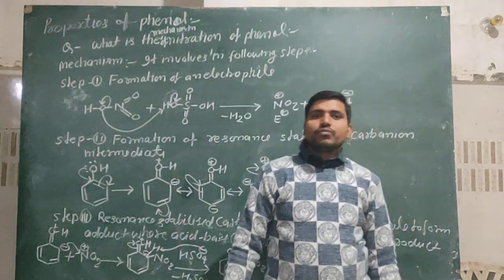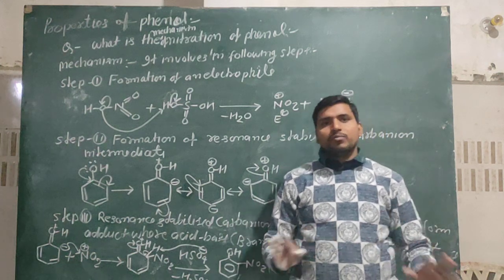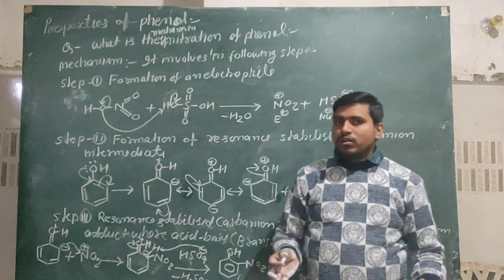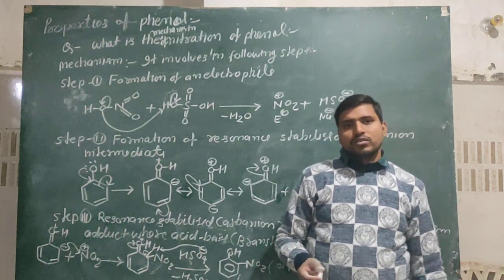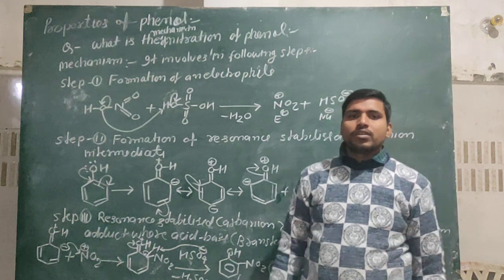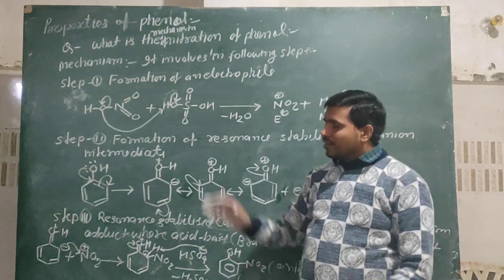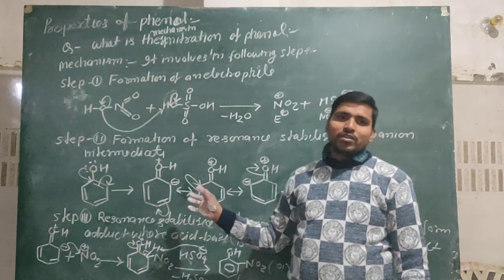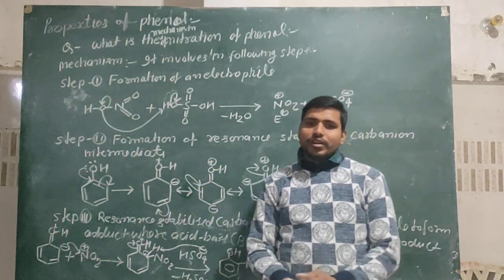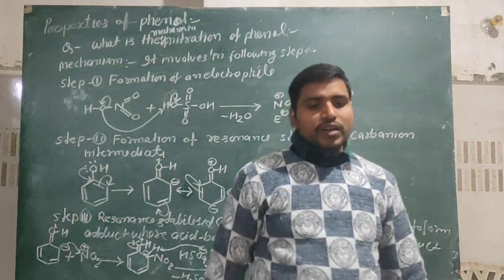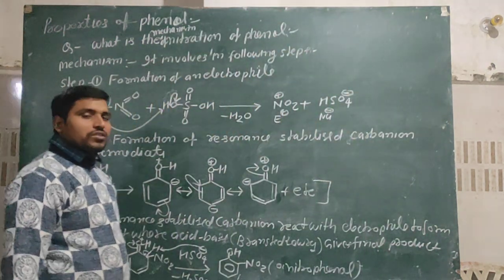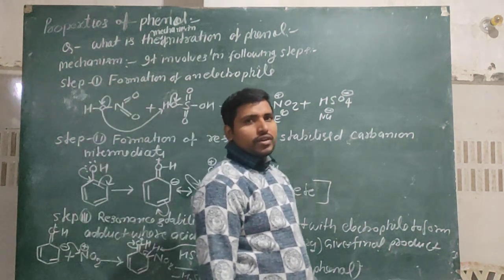It is very important for you that there are different types of reactions which are involved in the formation of different types of products related to phenol, which can be asked in your examination hall. If you easily understand the property of such types of reactions, then you can easily understand. Okay, next reaction, which is also most important, is the Friedel-Crafts reaction.